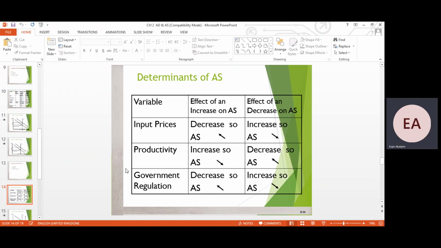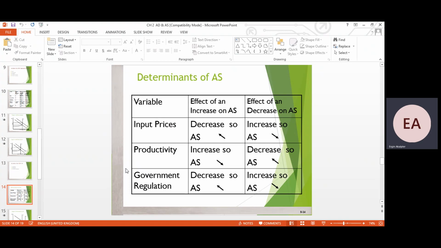And if the input prices decrease, then this will increase the aggregate supply. As a result of this input price reduction, productivity is supposed to have an effect, and an increase in productivity increases the aggregate supply, so a decrease in productivity is supposed to decrease the aggregate supply.